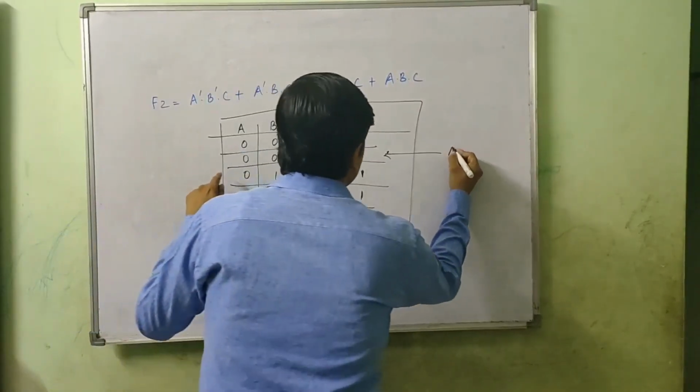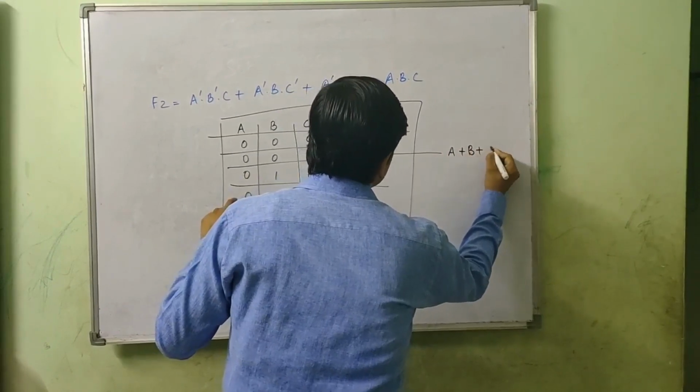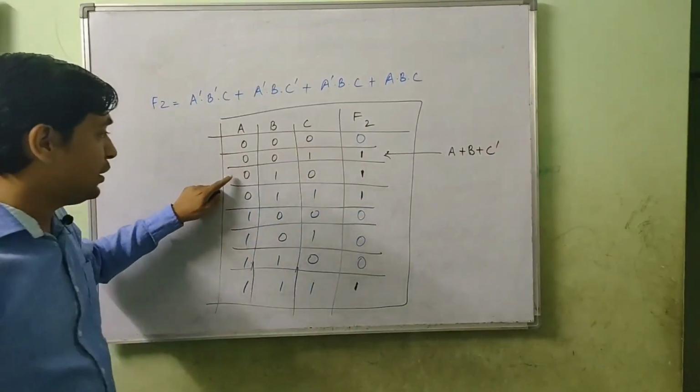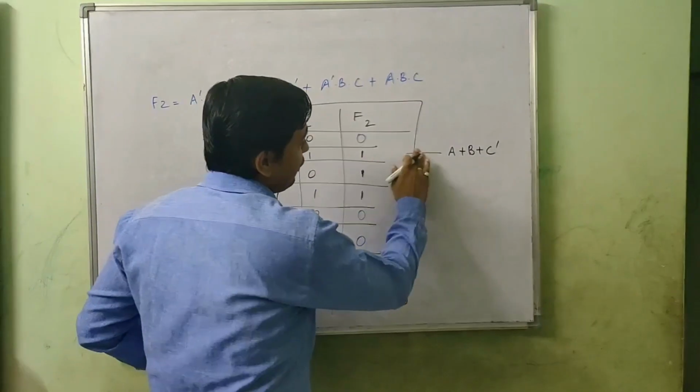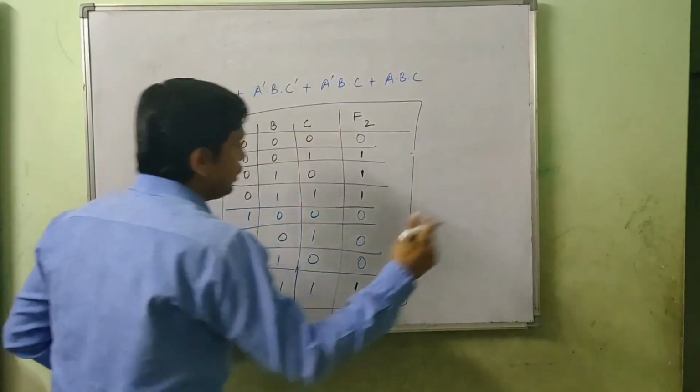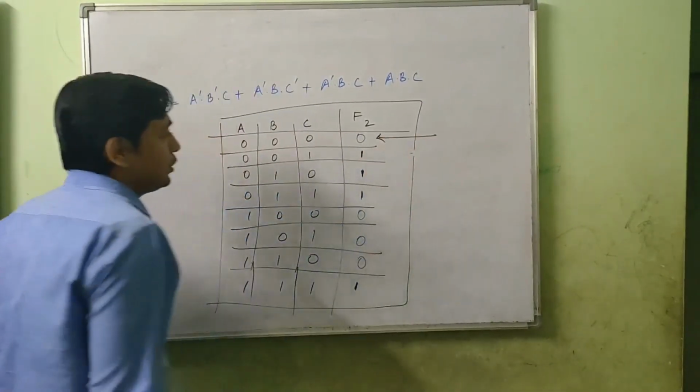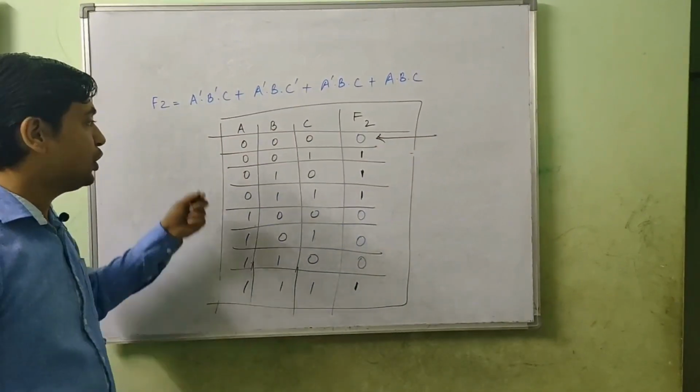So it will be A plus B plus C complement. Okay, my mistake, we should work for 0, we should not work for 1. We should work for 0.